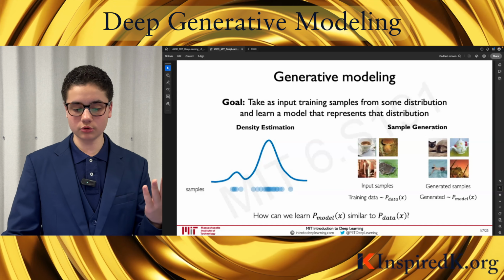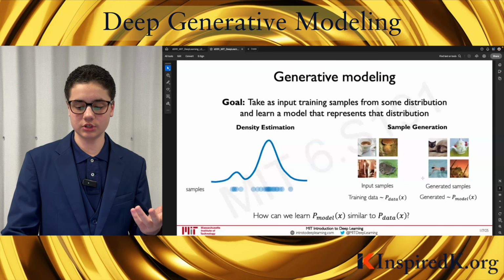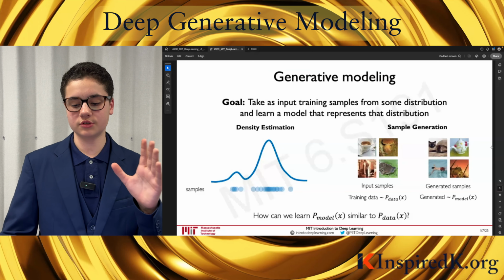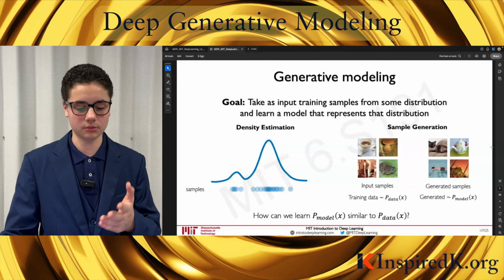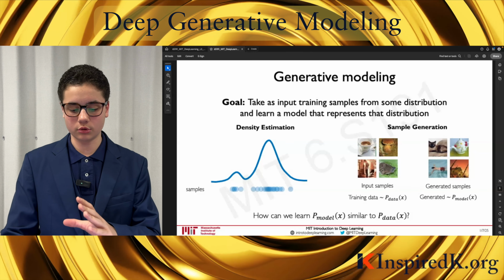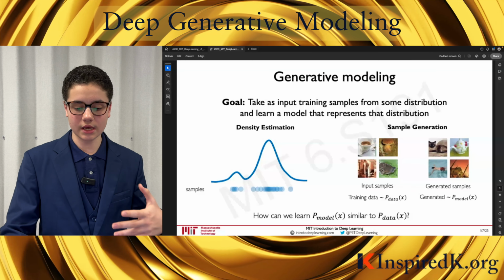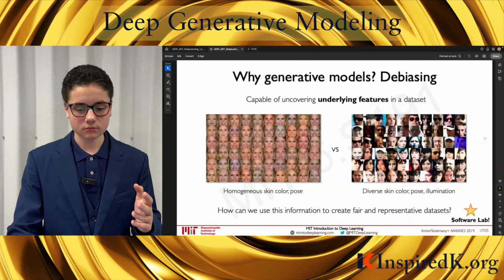And with sample generation, we can take some input samples with this density estimation in order to generate new samples of images, for example. Our goal is to learn these generated samples so that they can become more and more similar or realistic like the input samples.